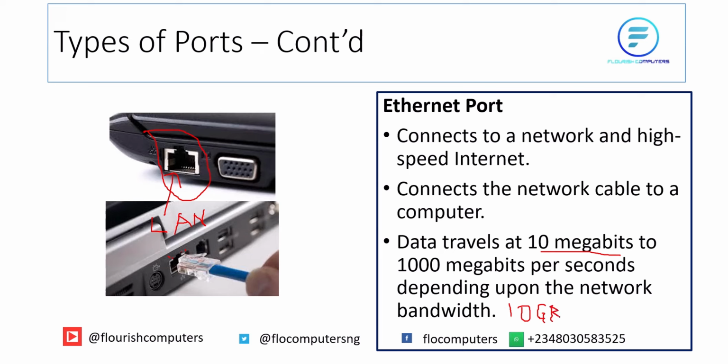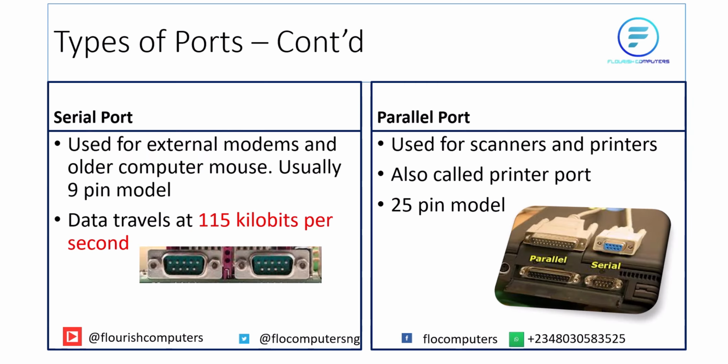You cannot have that on a wireless network. So when it comes to high speed internet, definitely the Ethernet port is the best bet. That does not mean that you cannot get as high an internet speed as you require to work at home on your wireless LAN. I'm just trying to differentiate between them.